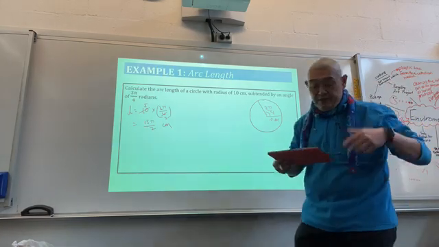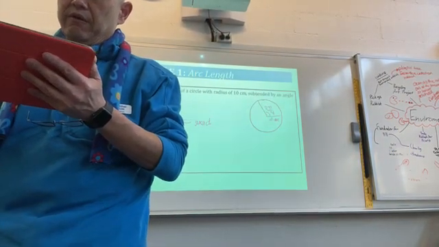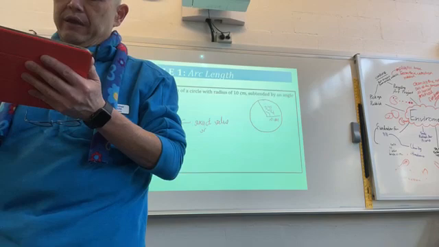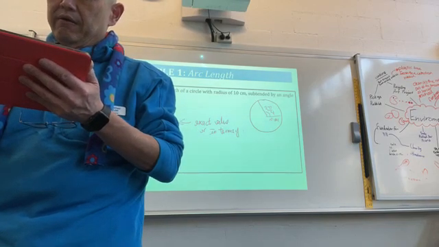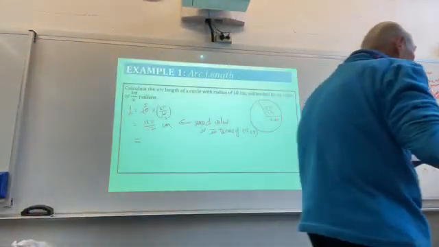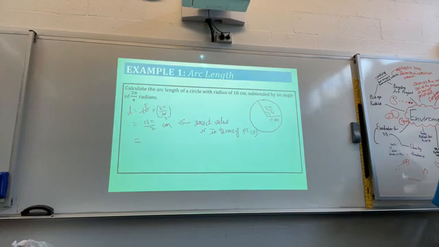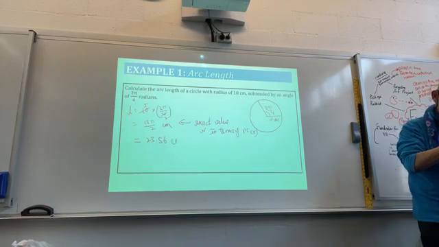If it is in a calculator-free section, you will give the exact value, or values in terms of pi. If not, in decimal places, I've worked it out to be 23.56 centimeter.